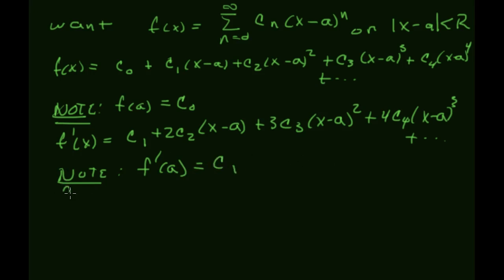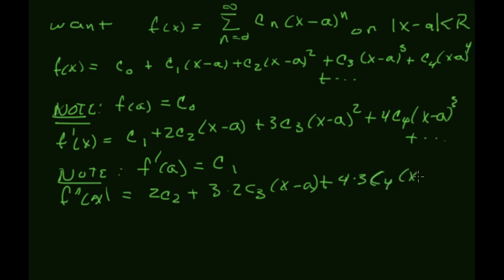Okay, so let's do it again. F double prime of x gives me 2c2 plus 3 times 2c sub 3 times (x minus a) plus 4 times 3 c sub 4 times (x minus a) squared plus so forth and so on. And this time I'm going to note that f double prime of a is just 2c2.